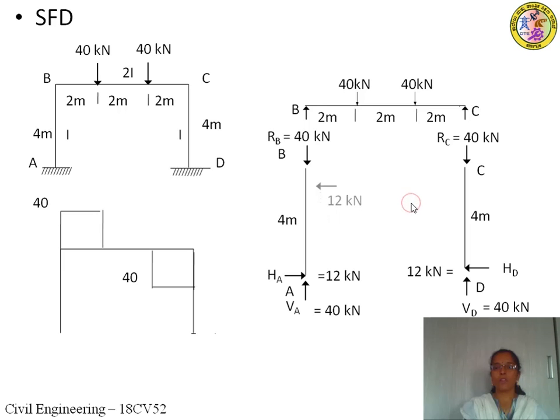So to draw the shear force diagram for AB member, let us consider two equal and opposite forces of same magnitude at the beam line. Okay, so one is in the plus x direction and the other one is in the negative x direction of same magnitude. So the net effect is 0, plus 12 minus 12, it will be 0.